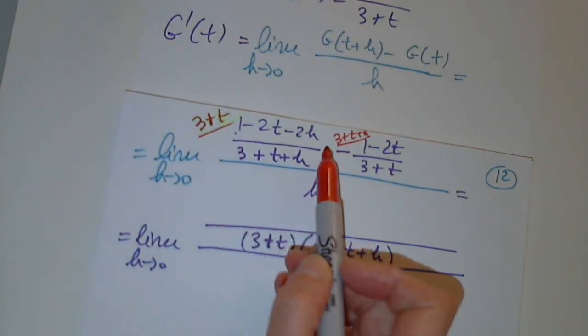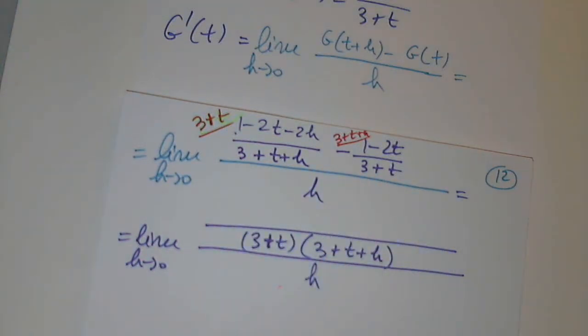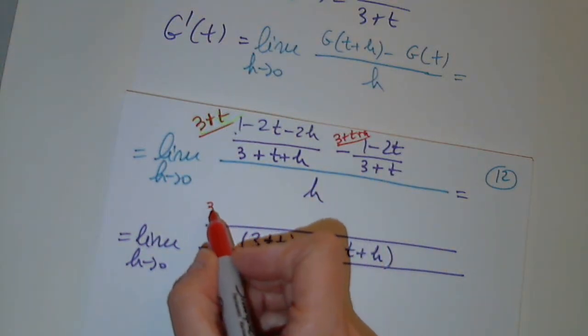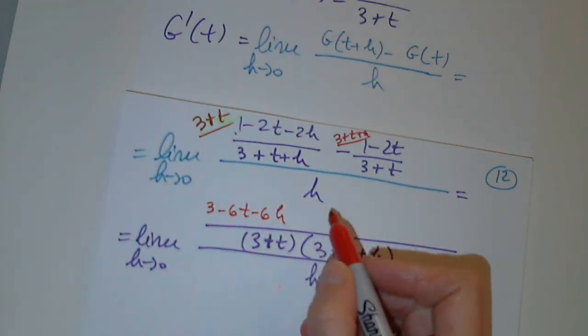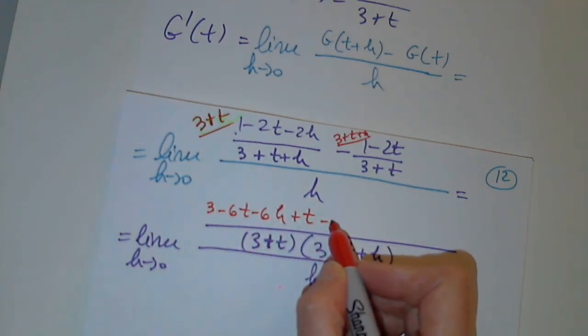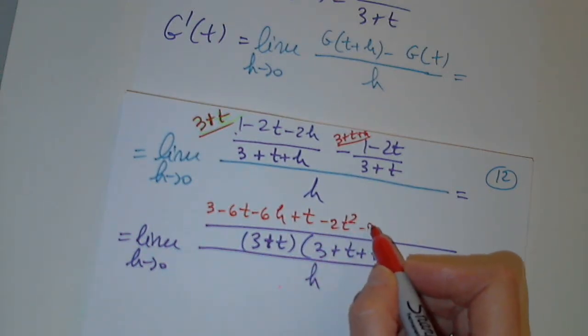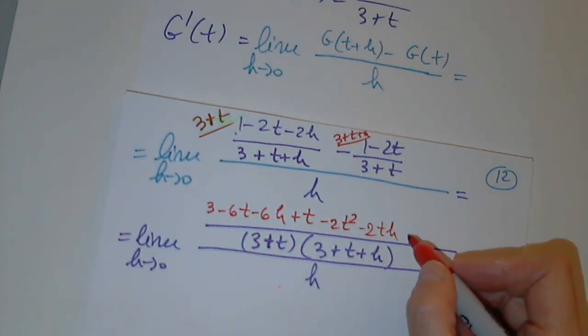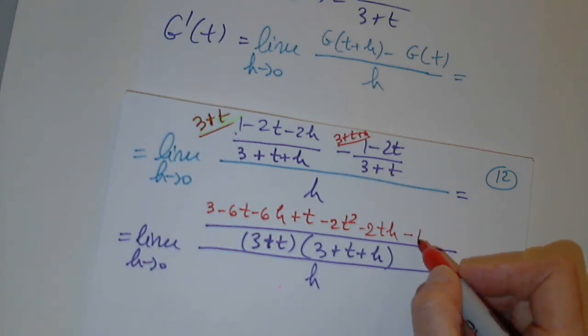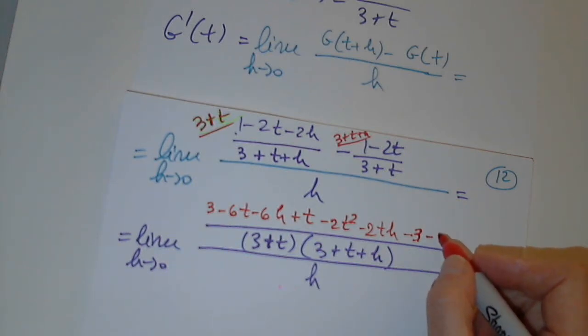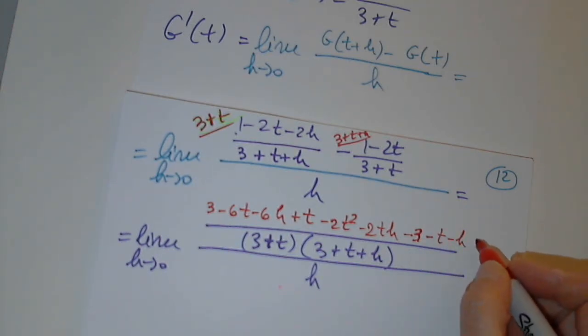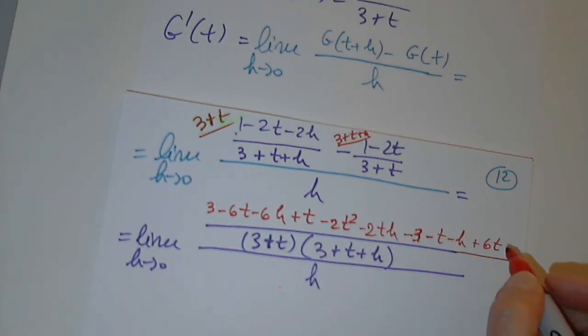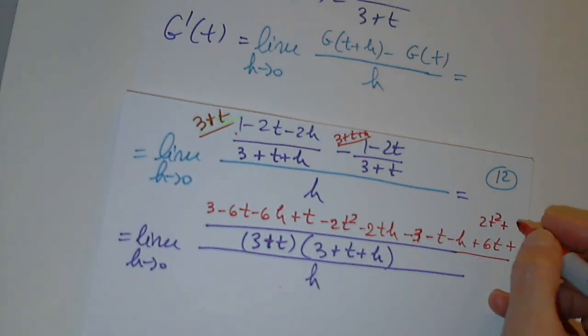Okay, so I'm distributing 3 to these three terms. Of course, you know I'm going to run out of room in a second. So this is 3 minus 6t minus 6h, and plus t minus 2t squared minus 2th, and then minus (3 minus t minus h) plus 6t plus 2t squared plus 2th.